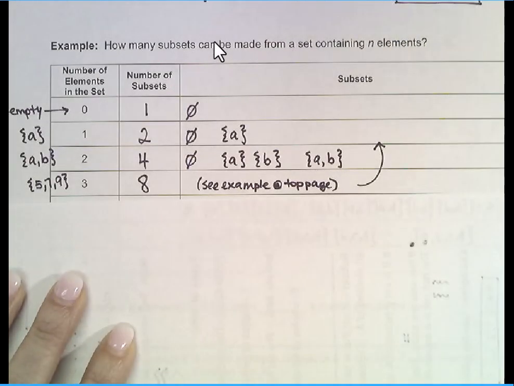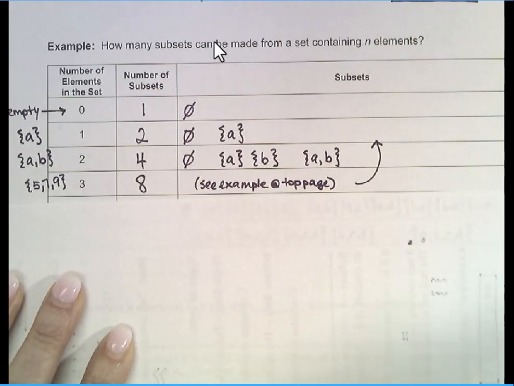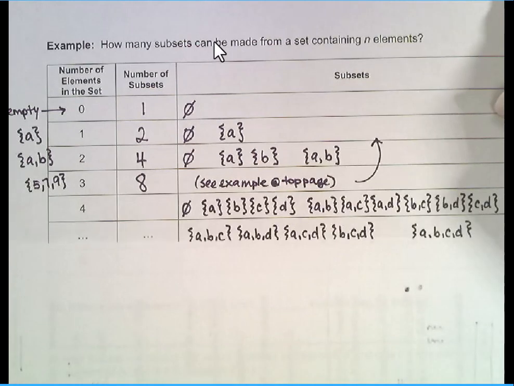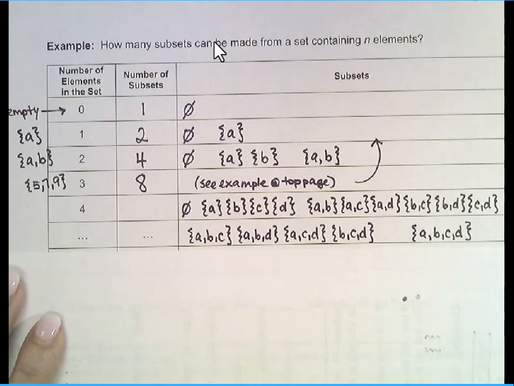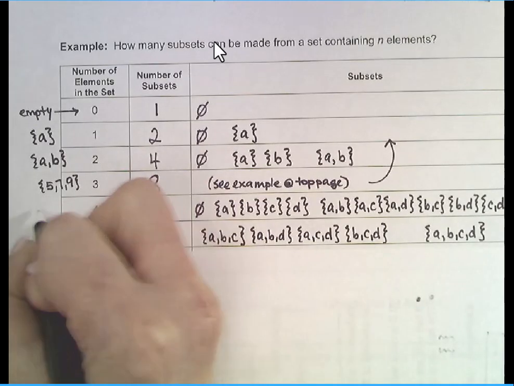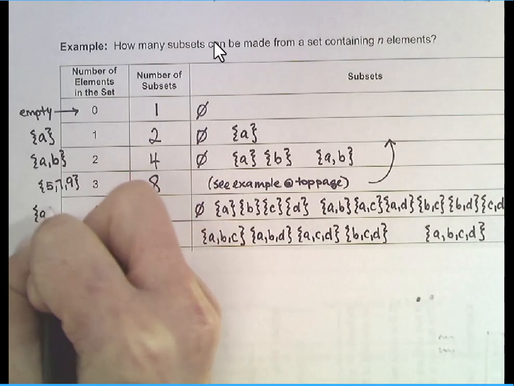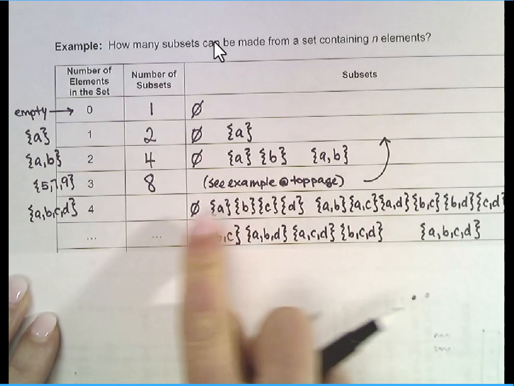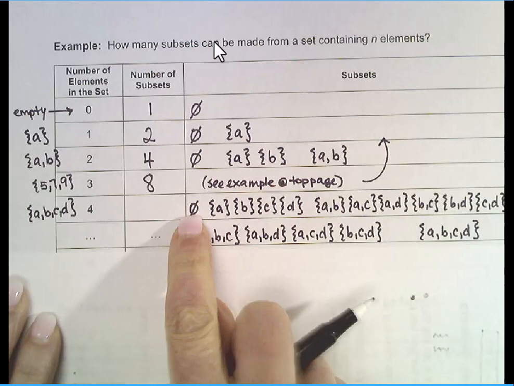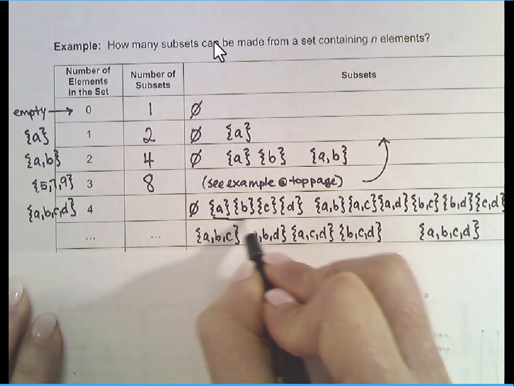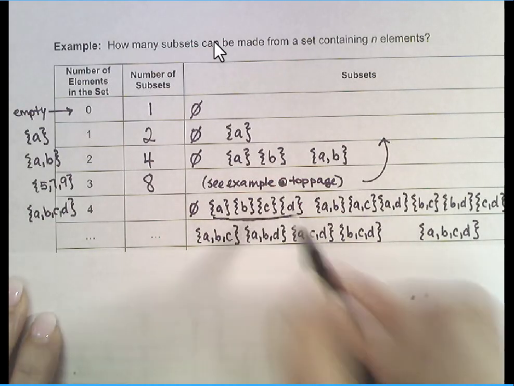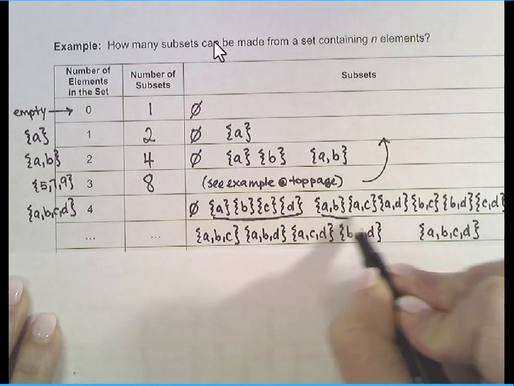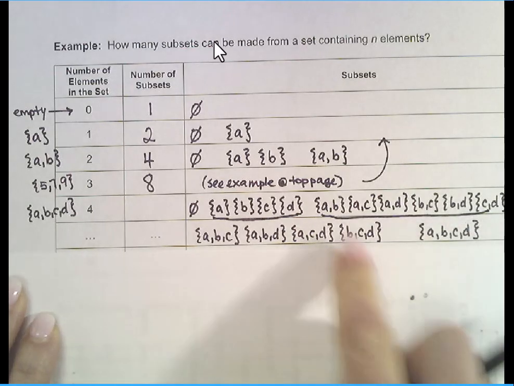So what about if there are 4 elements? Now this one, just for the sake of the length of time of this video, I went ahead and wrote them down for you. So we're just going to go through them here, and it took me a couple lines to do it. If we have 4 elements, and I called them A, B, C, and D, then I did the null set for my none. Here's all the singles, A, B, C, D. If I paired all those up, these are all the pairs we can get.